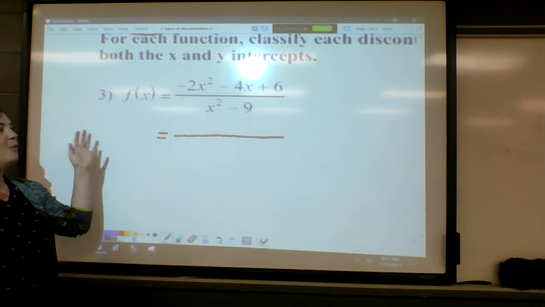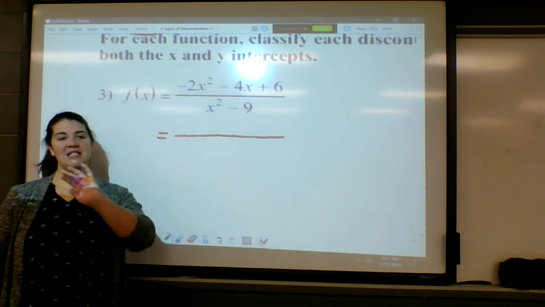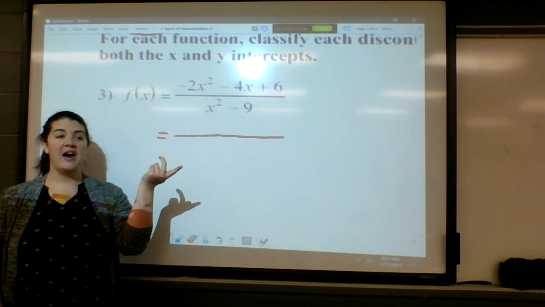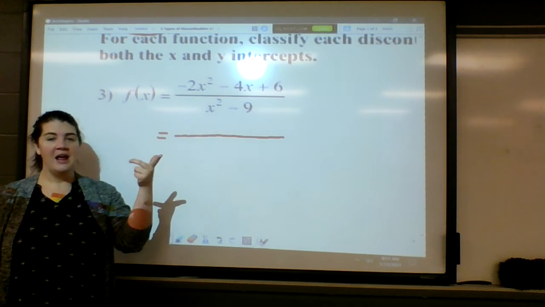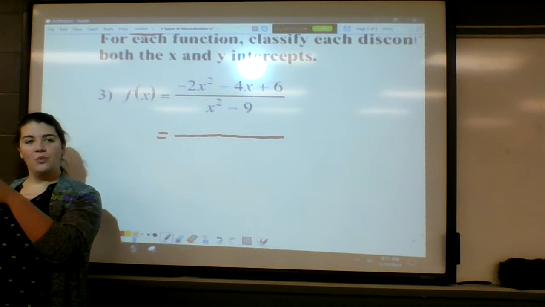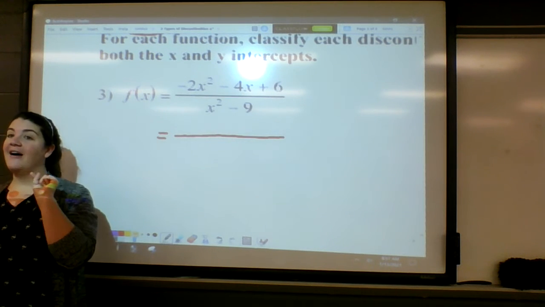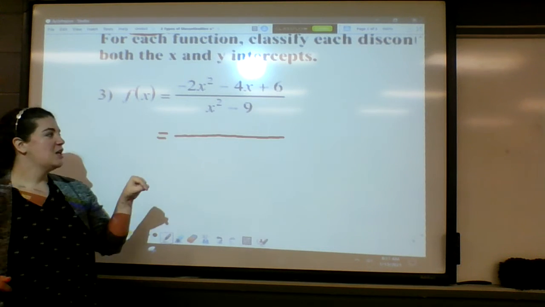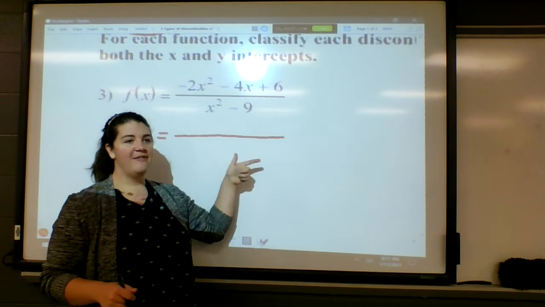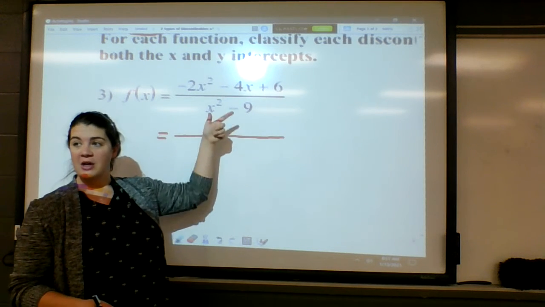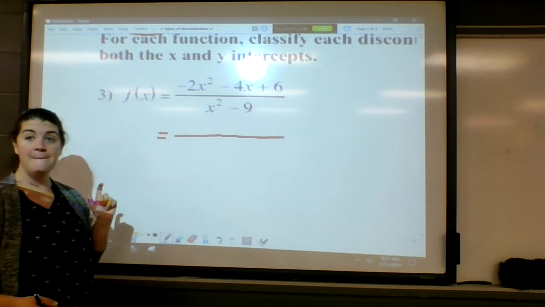All right, but when we're comparing the discontinuities, when we're trying to figure out what kinds they are, you also have to pay attention to the numerator as well, all right? So if you're trying to figure out not just what the discontinuities are, but the types, you actually have to factor both the top and the bottom, all right? So instead of setting it equal to 0 and factoring just the bottom, we're just going to rewrite the rational, and we're going to factor both the top and the bottom, okay?